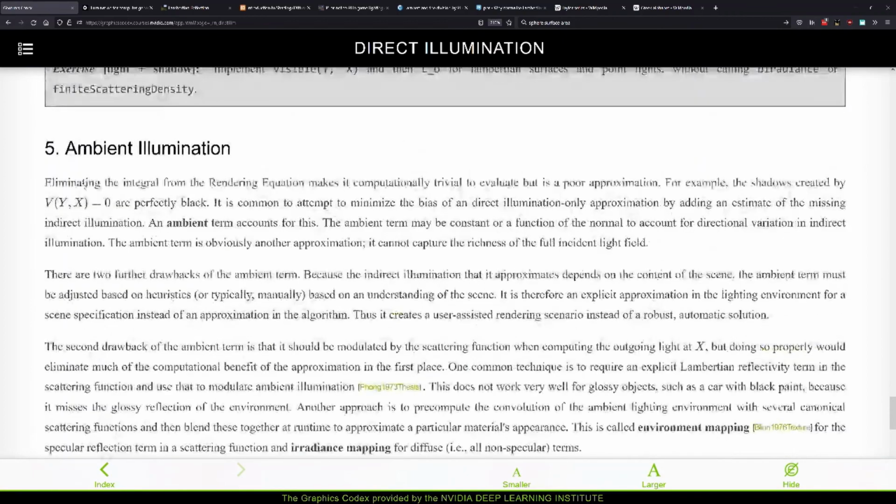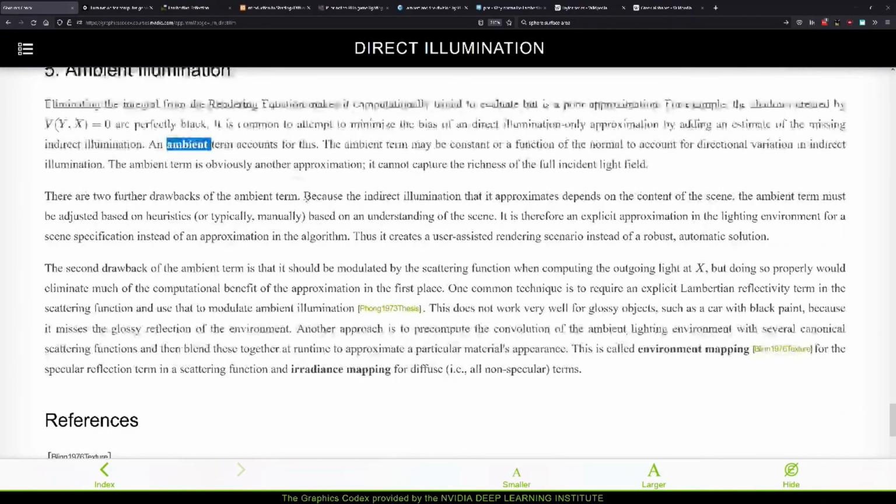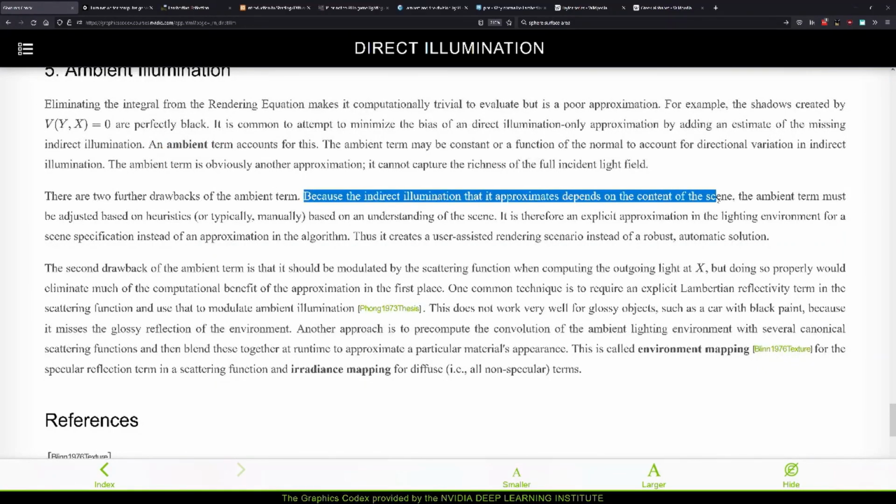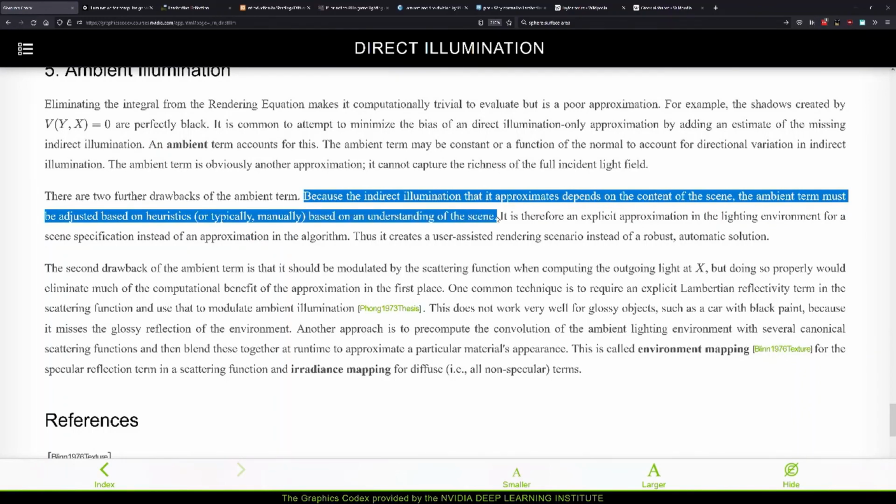Ambient illumination. Because we don't have shadows. No, because we don't have indirect illumination. We want the ambient term to add some light into the scene at every point. Yeah, that was always fun, having to manually monkey around with the ambient lighting term to get things looking right.